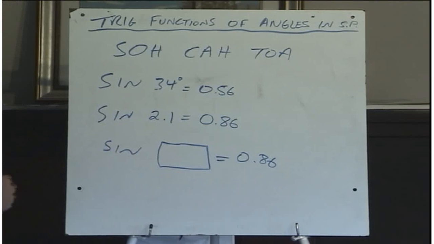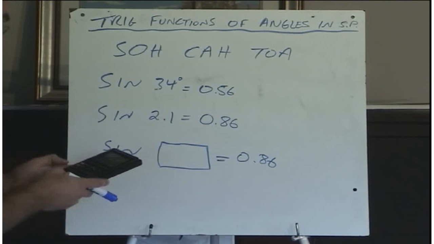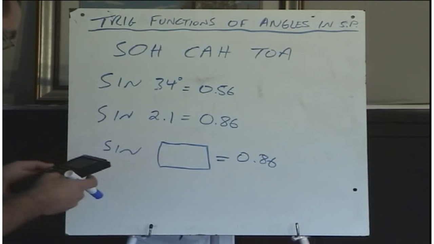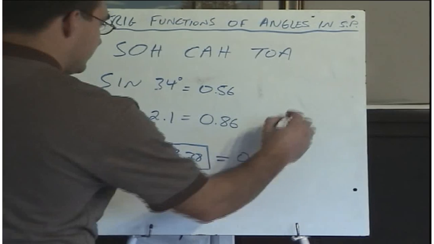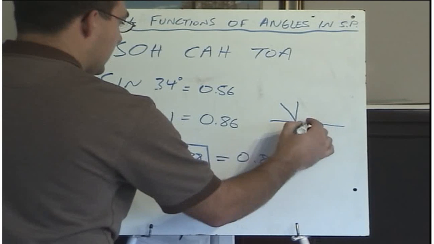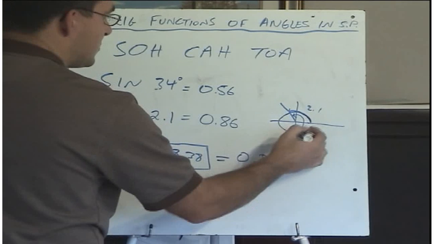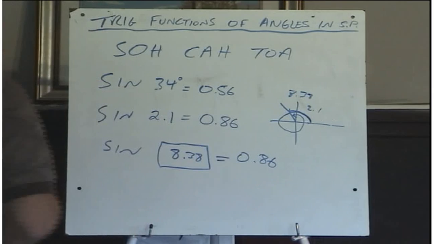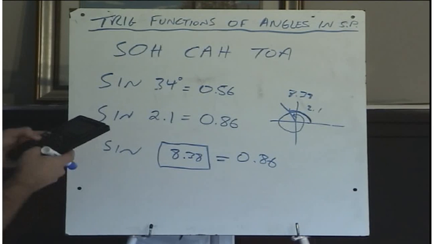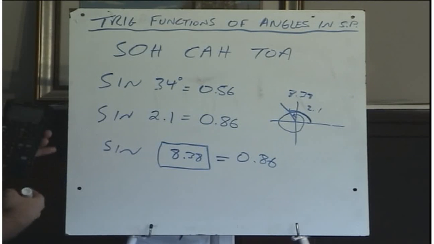So all I need to do is take 2.1 and add 2 pi to that, and I get about 8.38. So really what we've done here is we had an angle of about 2.1 radians, and we said, let's just go around once more and add 2 pi to that. That ended up being 8.38. And just to double check, if I go sine of 8.38 on my calculator, I end up with 0.86.